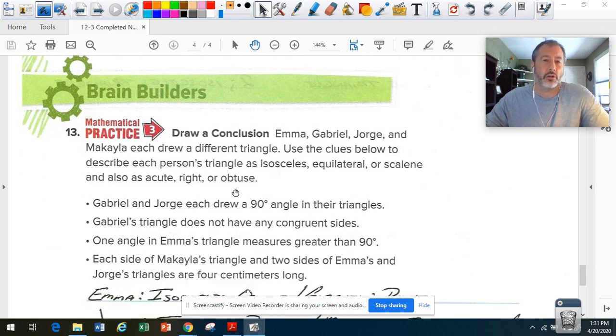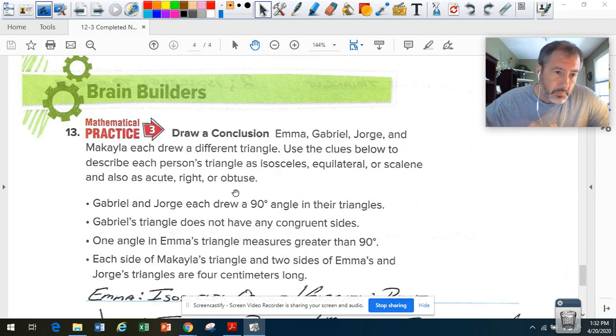Let's draw some conclusions. It says Emma, Gregory, Juan, and Michaela each drew a different triangle. Use the clues below to describe each person's triangle as isosceles, equilateral, or scalene, and also as acute, right, or obtuse.